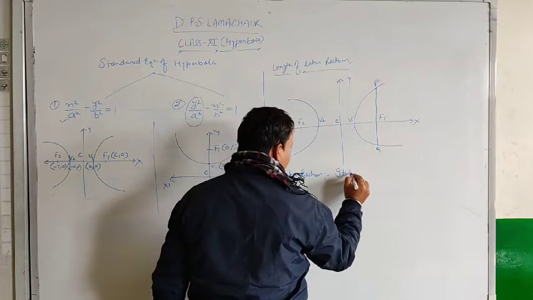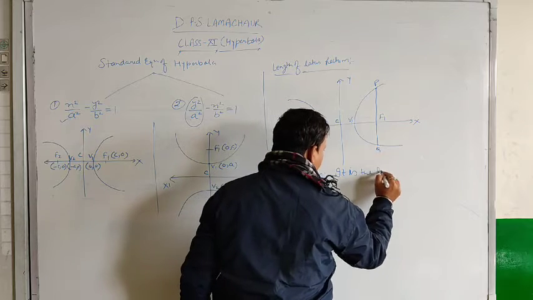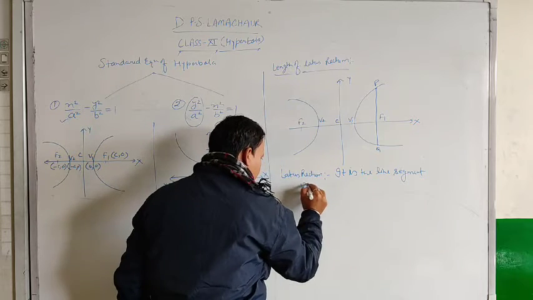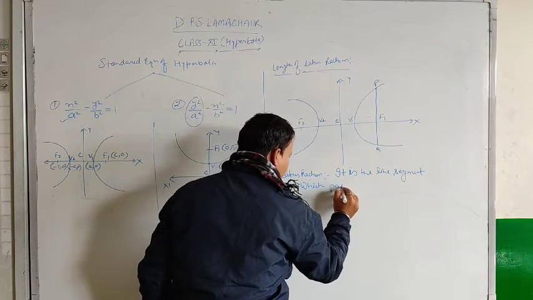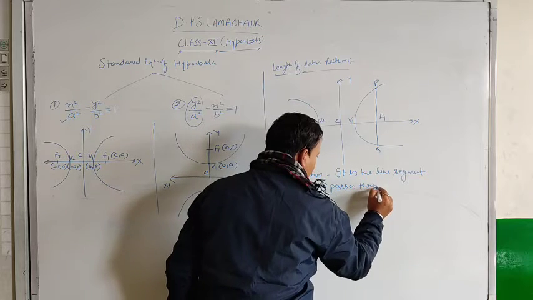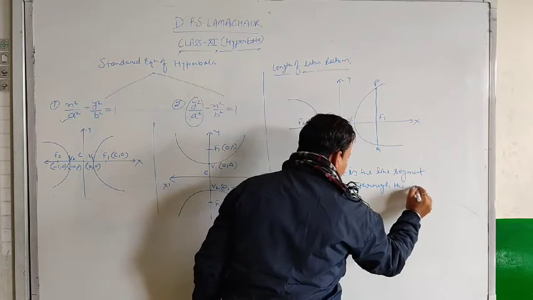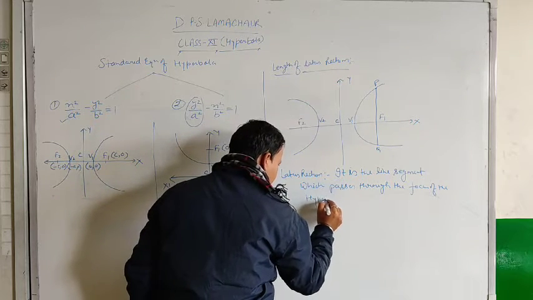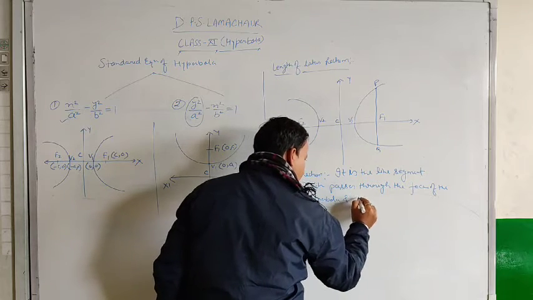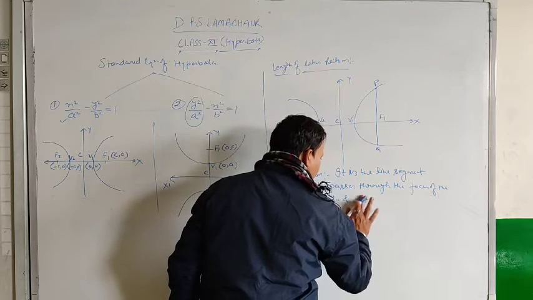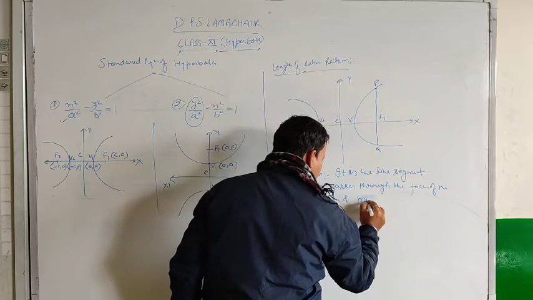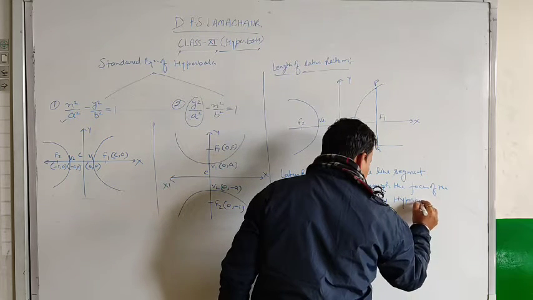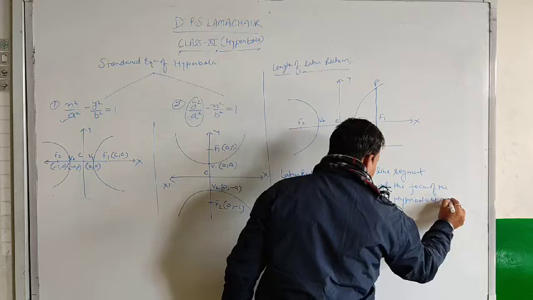It is the line segment which passes through the focus of the hyperbola and meets the hyperbola at any 2 points.